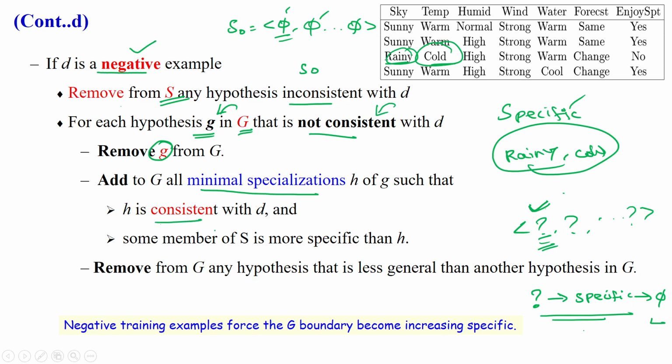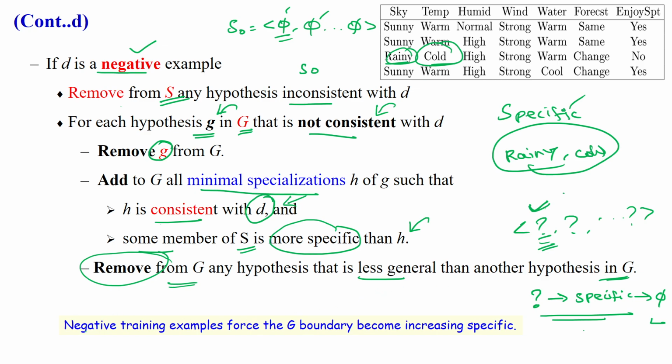Then the new hypothesis will be satisfying the given data sample D. Then here some member in the specific hypothesis will be more specific than the hypothesis H available in the general hypothesis. So now we will remove any earlier hypothesis which is least general from the general boundary in the candidate elimination algorithm.